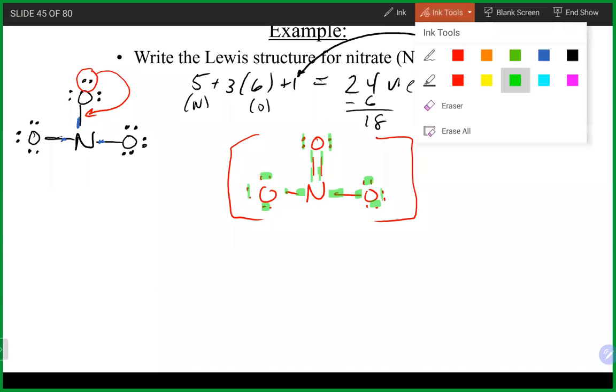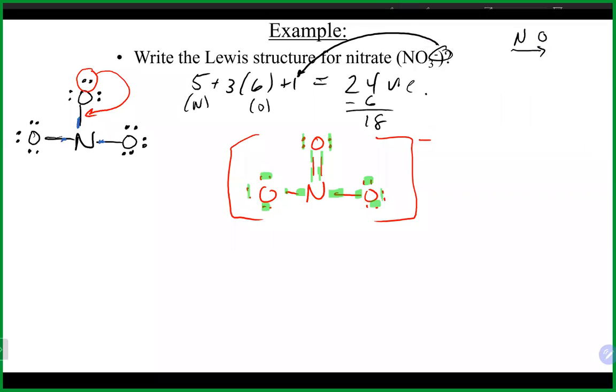Question on that there? Now, if you did double bond to the left or double bond to the right, that is perfectly fine. Your picture would just look like this if you had double bonded over here.